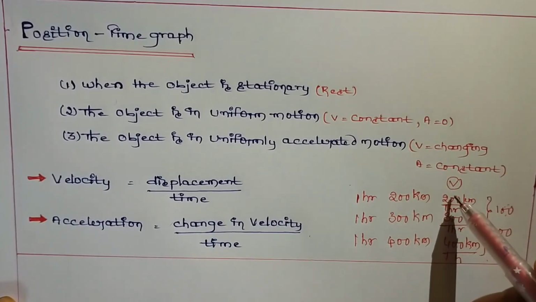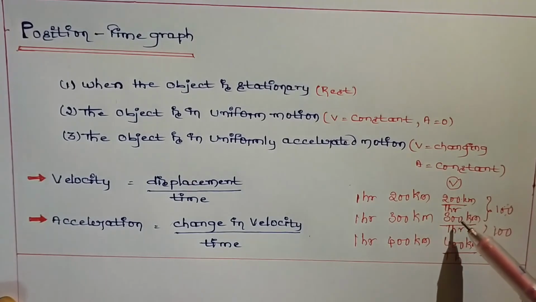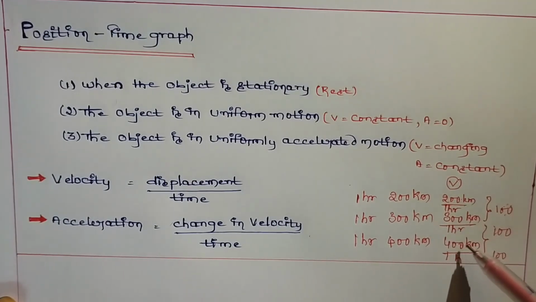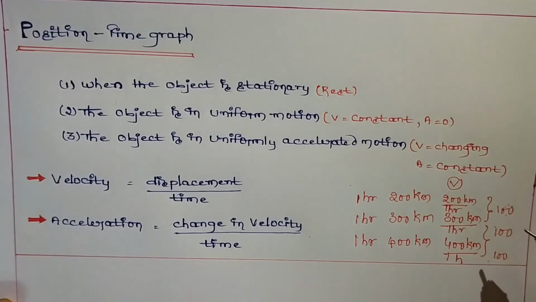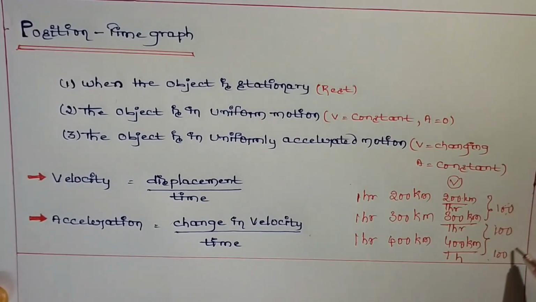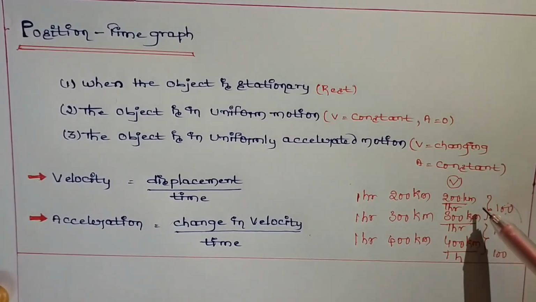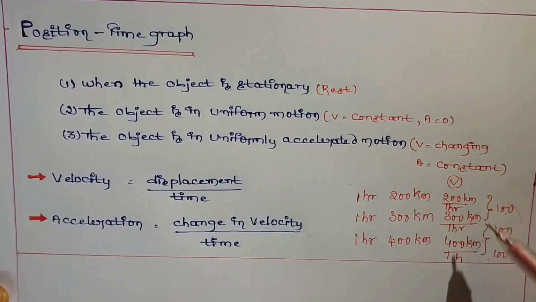The vehicle is getting faster: 1 hour 200, next 1 hour 300, next 1 hour 400, to reach its destination. In order to reach the destination faster, the vehicle accelerates.